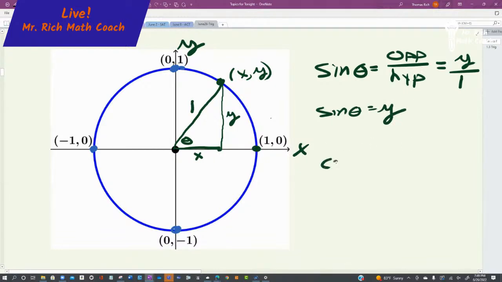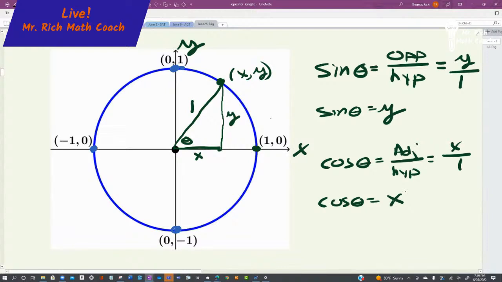Likewise, I can write cosine of that angle as the ratio of the adjacent length of the triangle divided by the hypotenuse. And the adjacent length is x over the hypotenuse length 1. So cosine theta is simply equal to x.